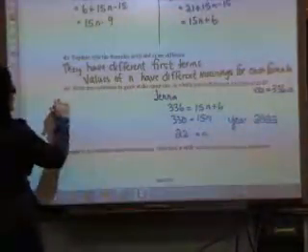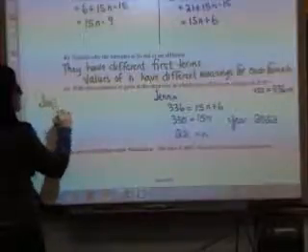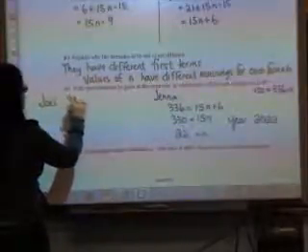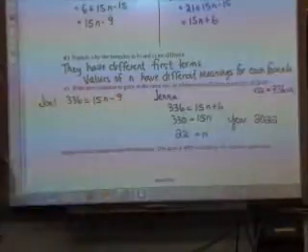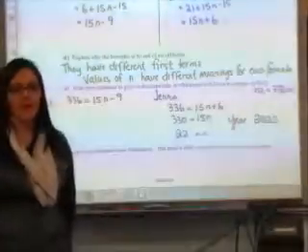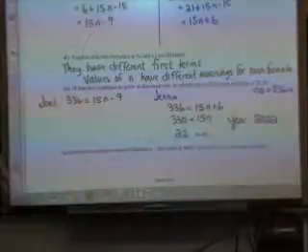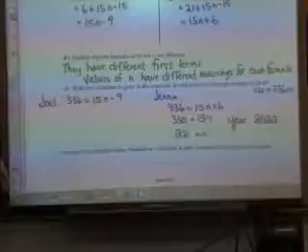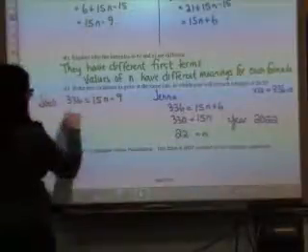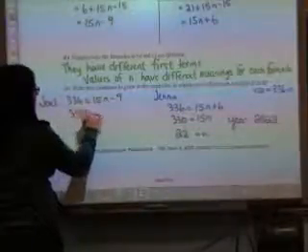With Joel, if I use his formula, I get 336 equals 15n minus 9. How would I solve this one? And that would give me 345.